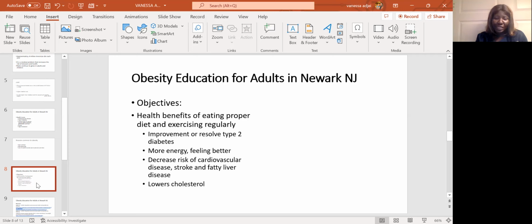I read something from the CDC, and I was very happy when they said their focus is on policy and environmental strategies to make healthy eating and active living accessible and affordable to everybody.